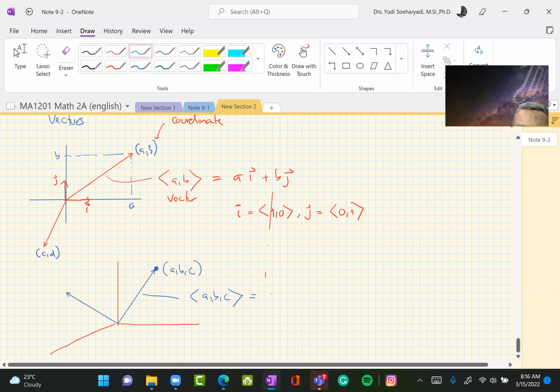And this is the same as A times vector i, B times vector j, and C times vector k. So i here is the vector 1, 0, 0, so 3 components now. j is 0, 1, 0. And k is 0, 0, 1.